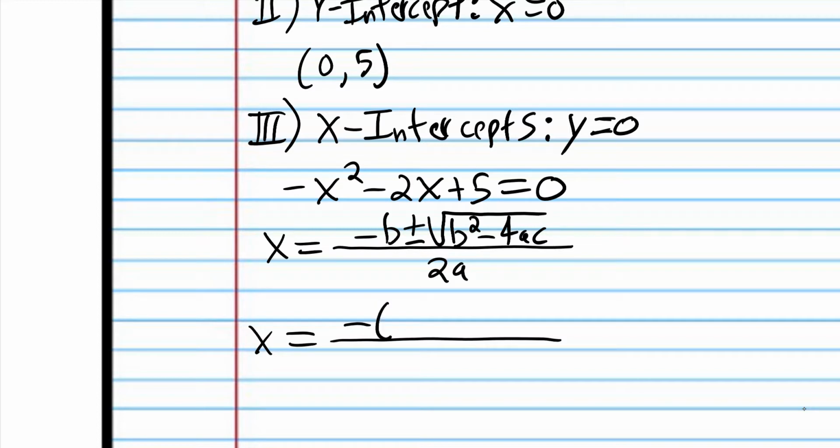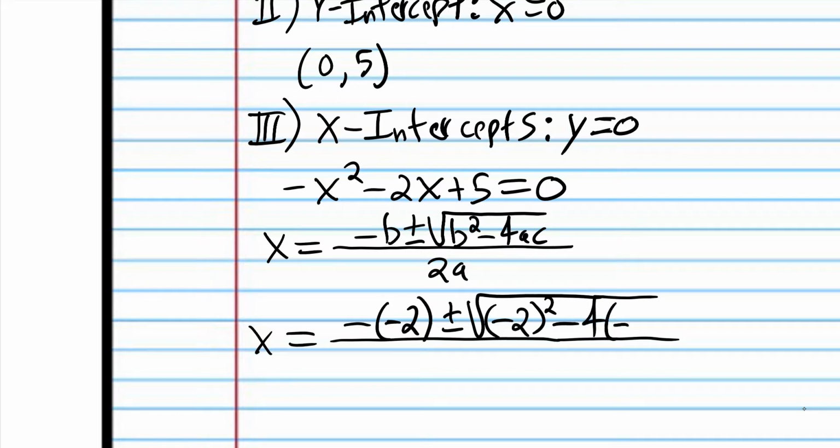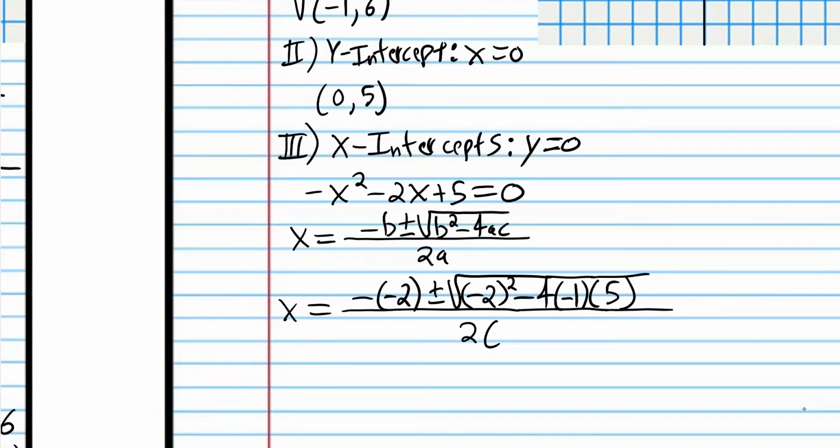We have negative b plus or minus root b squared minus 4 times a times c, all over 2 times a. And just to be clear, I got the a from there, and I got the b from here, and I got the c from here.